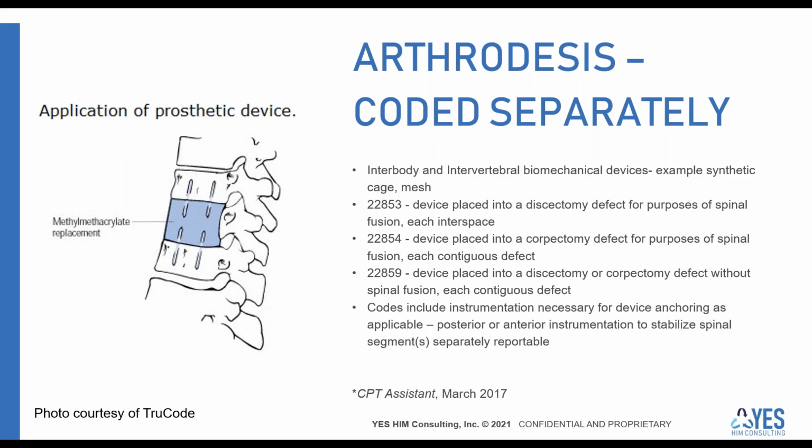Now let's go back to what is coded separately. Lastly, your interbody and intervertebral biomechanical devices can be coded separately. On the left-hand side, again, is a wonderful picture from TruCode.